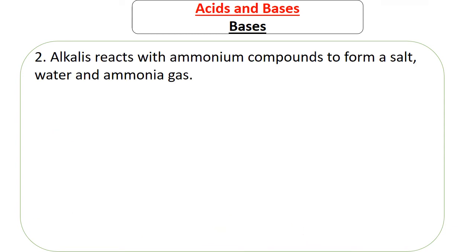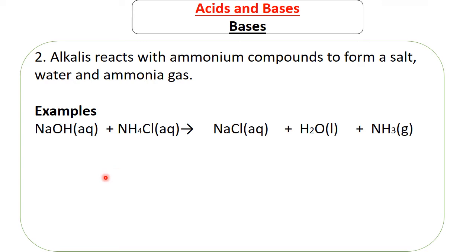Alkalis react with ammonium compounds to form a salt, water, and ammonia gas. Here is an example of sodium hydroxide reacting with an ammonium compound, ammonium chloride, to produce sodium chloride, which is a salt, plus water, which is a liquid, and ammonia gas.